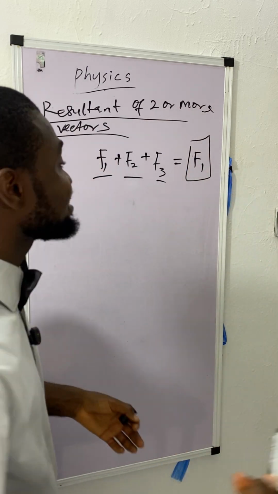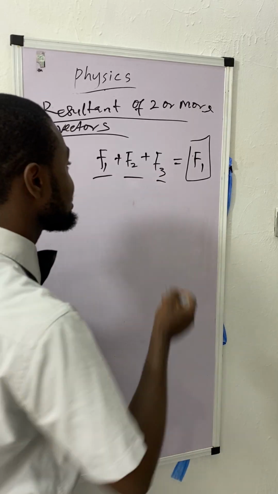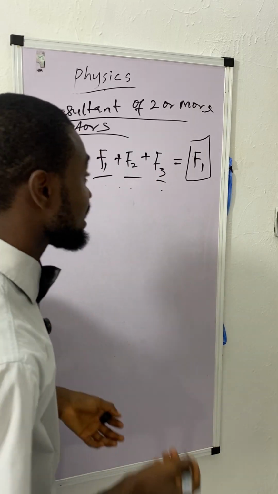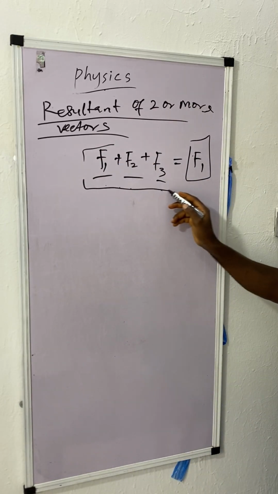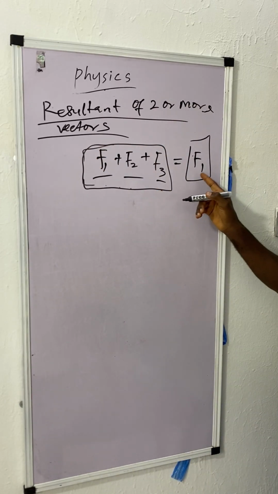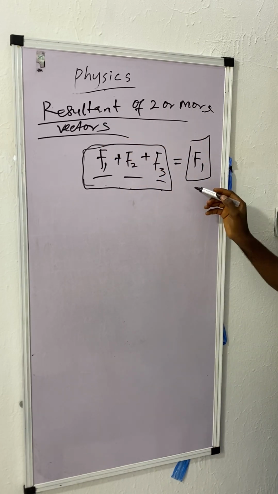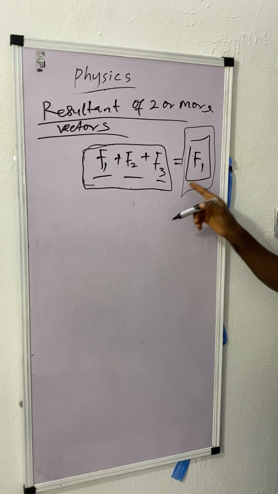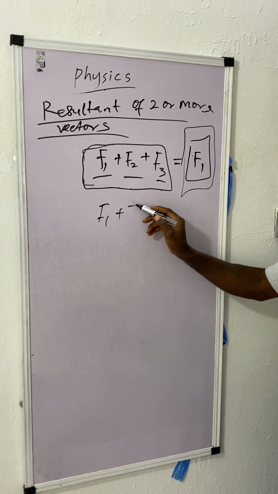A vector that gives you the same effect as the three or more vectors when added together. That is the resultant of two or more vectors. It can be two, F1 plus F2.